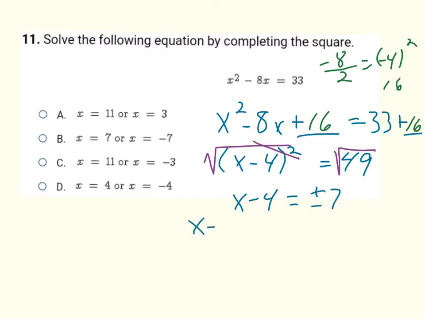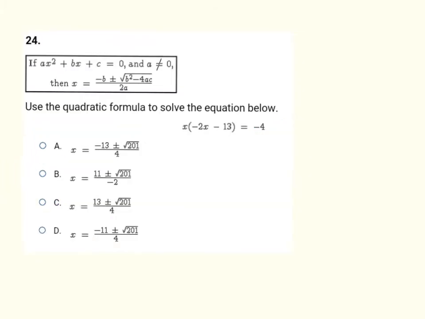So that means I'm going to have x minus 4 equal to positive 7 to solve for, and x minus 4 equal to negative 7 to solve for. And so when I add 4 to both sides, I end up with x equals 11. And when I add 4 to both sides on this side, I'm left with x equals negative 3. And so those are my two answers for what x can equal. So my final answer is C.